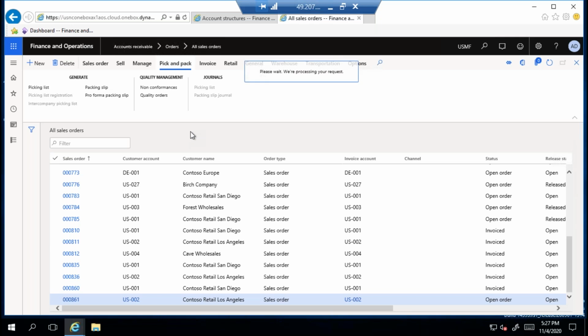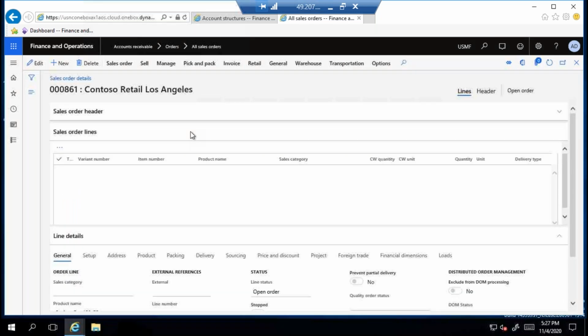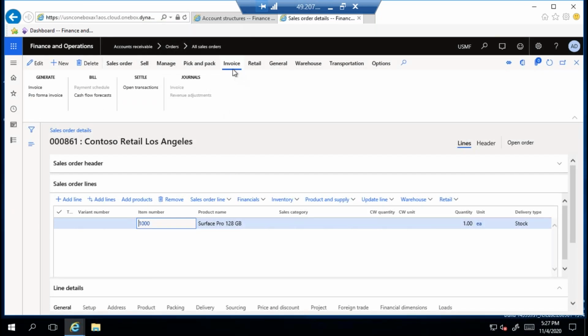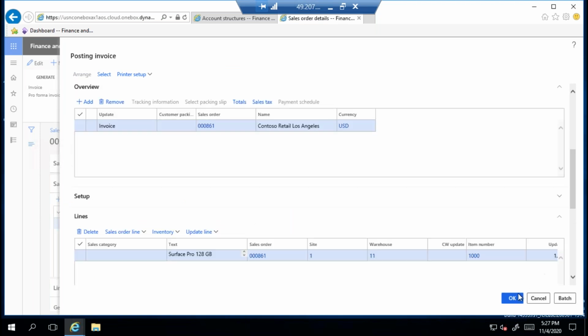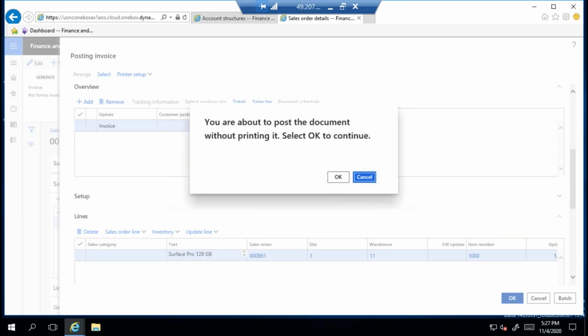This will be done by the finance team. Okay, I'm clicking. Okay. In between sales order and invoice there are some more steps that I will discuss with you later.